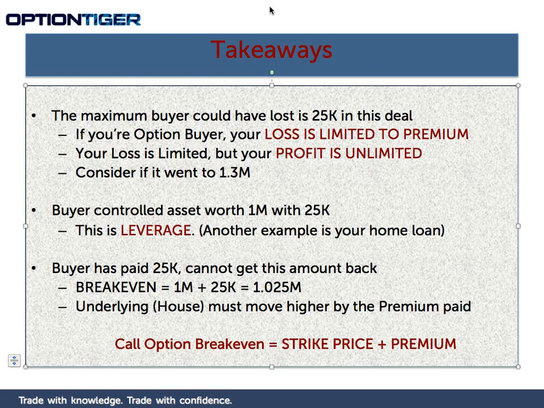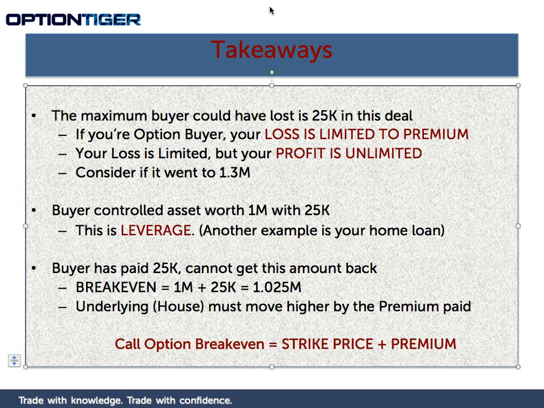As a buyer, we paid $25,000. So our cost basis was $1,025,000. So the third takeaway is that the price of this underlying asset, which is the house, must move higher by the premium paid. So the takeaway is, whenever you buy a call option, the break even for that call option is the strike price plus the premium.